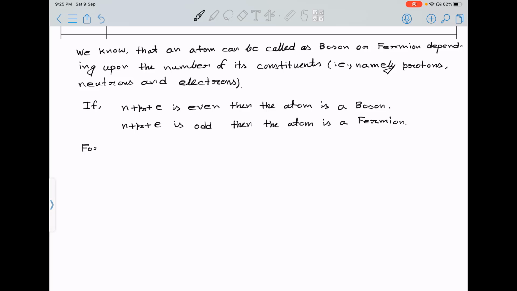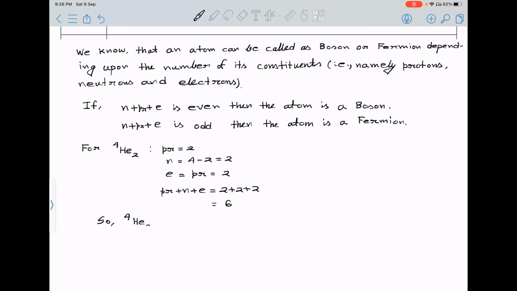For helium-4, proton number is 2, so our neutron number is 4 minus 2, that is also 2. Our electron number is equal to the number of protons, that is also 2. So here protons plus neutrons plus electrons equals 2 plus 2 plus 2 equals 6. So helium-4 is a boson.